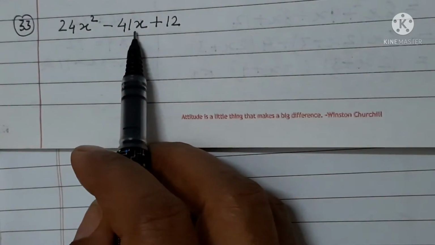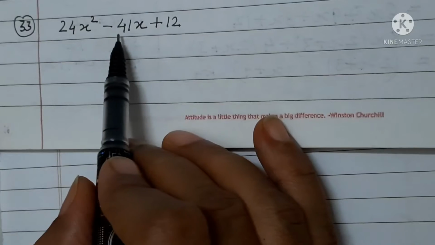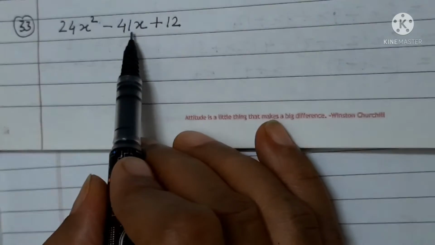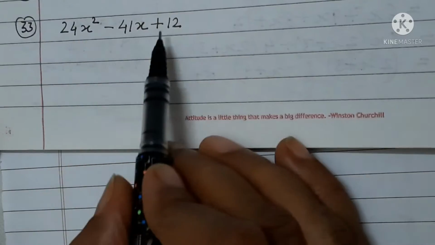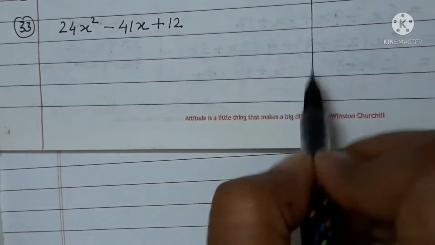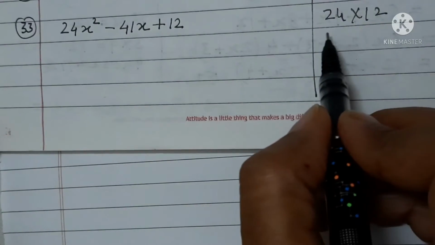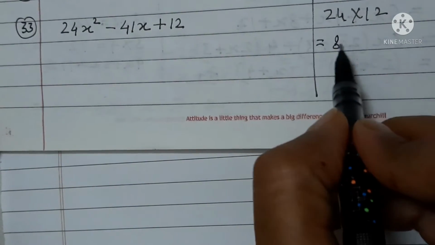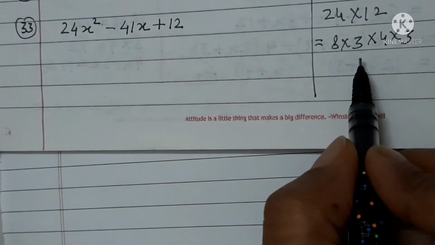24x² − 41x + 12. So split the middle term, which is −41, into two parts. The product will be 24 into 12. So 24 into 12 you can write as 8 3s are 24 and 4 3s are 12.